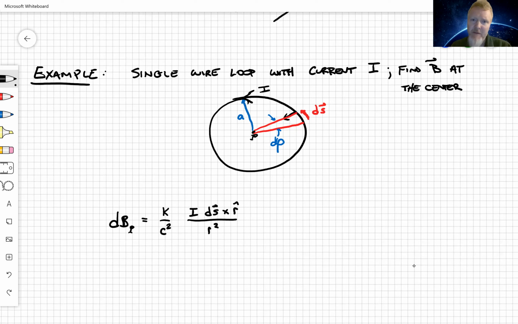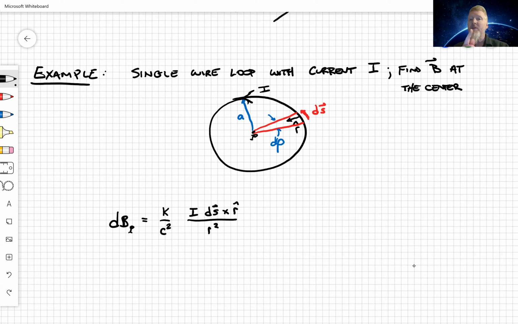Huh, that's weird. It won't let me overwrite the red color. Okay, well, fine. I'm just going to put it right here then. That is r hat.